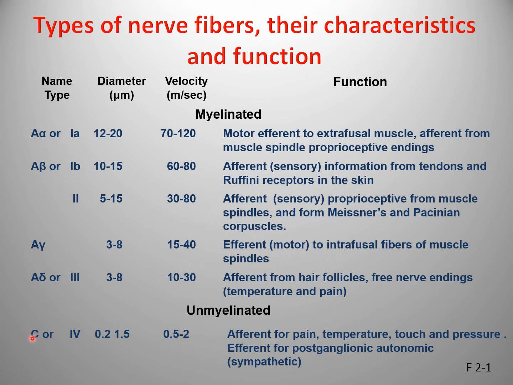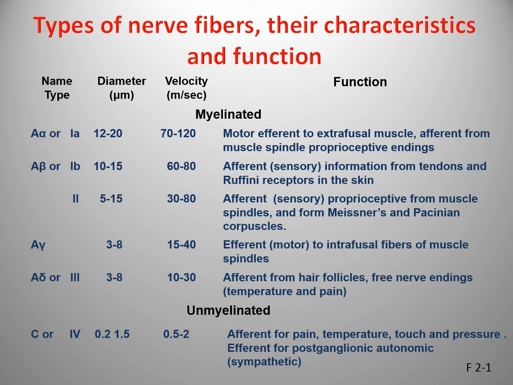Letter C implies non-myelinated, the same as number 4 in the Roman classification. The change from alpha to delta is correlated with reducing diameter, which is correlated with a reduced speed of transmission.